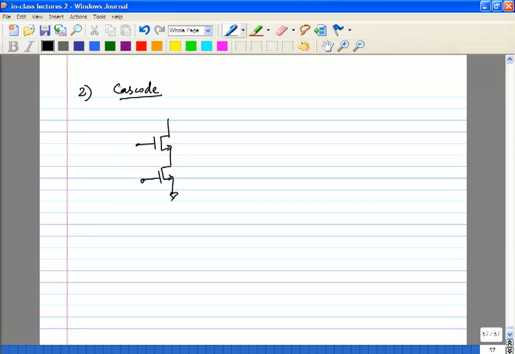Your starting size will be the same as your main transistor, but at the end of your optimization it may not be the same. You may not need a much larger transistor. Maybe you can make do with a smaller transistor. Maybe you want a larger length for the cascode, but the thing to keep in mind is you will have some parasitic capacitance at this node and you want to minimize that capacitance. Why? Because obviously your signal is going to get diverted through that.